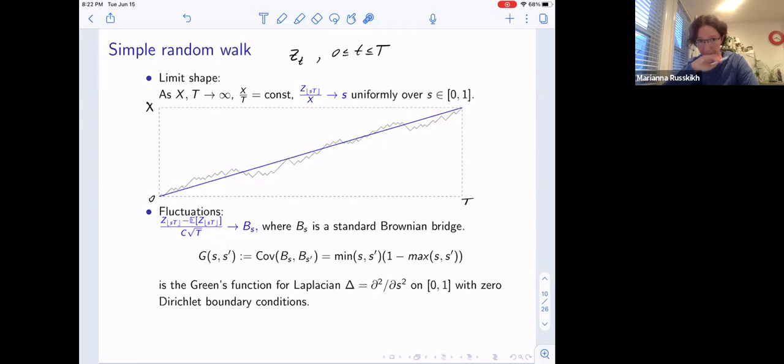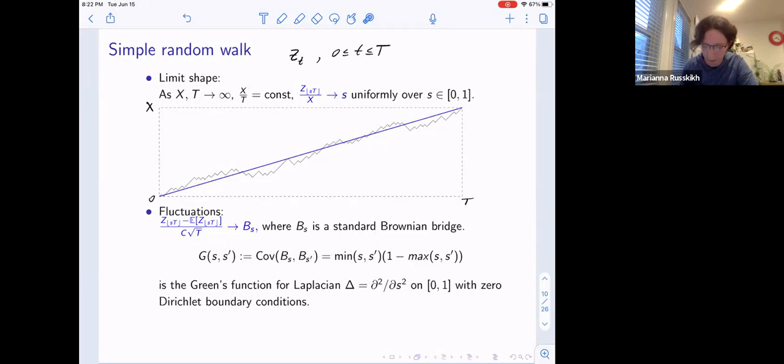So, in other words, the random walk is concentrated around this line shown in blue. So this is a limit shape result for a simple random walk, and it is also well known that in this setup, the fluctuations converge to a standard Brownian bridge.